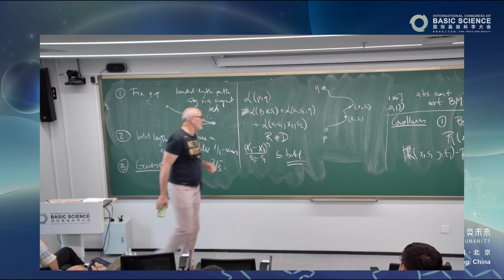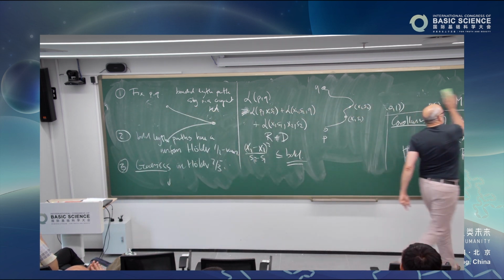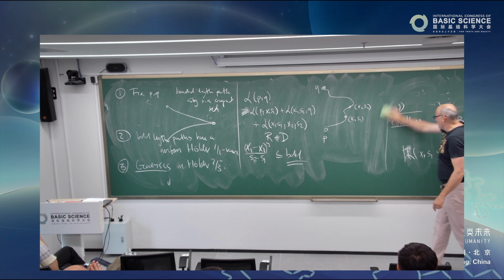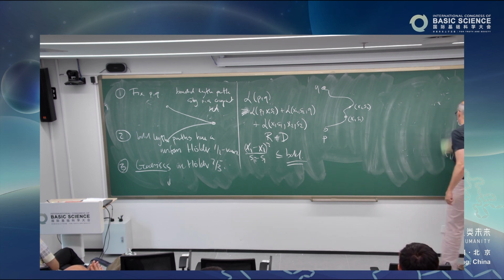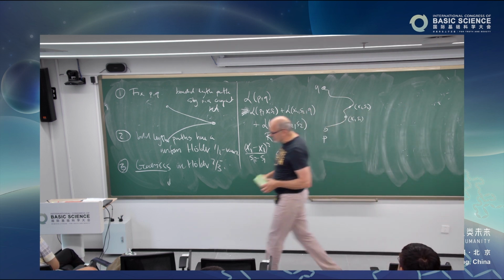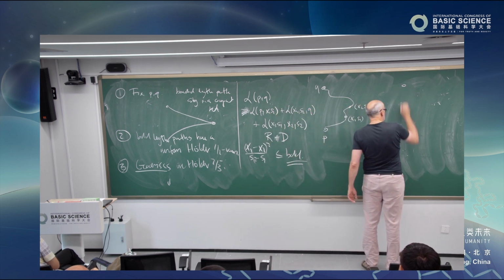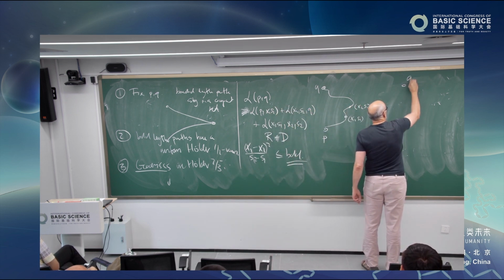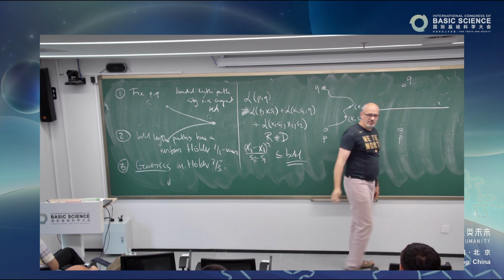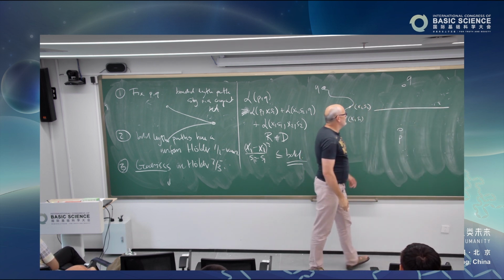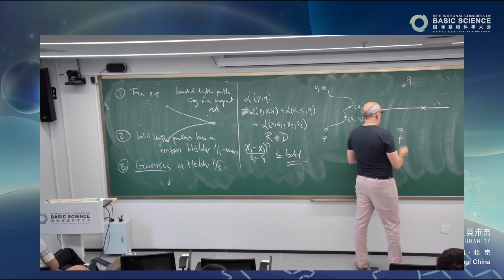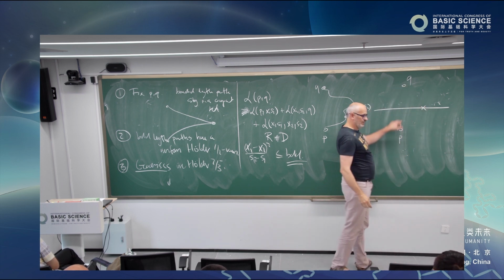And so one of the things that you get from this automatically is that geodesics exist. There are many ways to prove it, but one way is to construct them point by point. Here is your P and Q. You look at halfway. Remember, a metric composition allows you to pick your point such that the distance to here plus the distance to here is equal to the total distance.